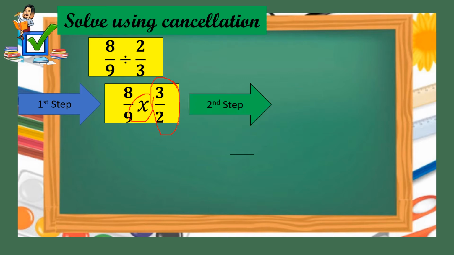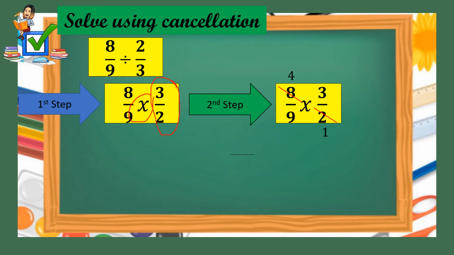For our second step, 8/9 times 3/2. In using the cancellation method, we need to cross multiply. So 8 and then 2. 2 divided by 2 equals 1 and 8 divided by 2 equals 4.